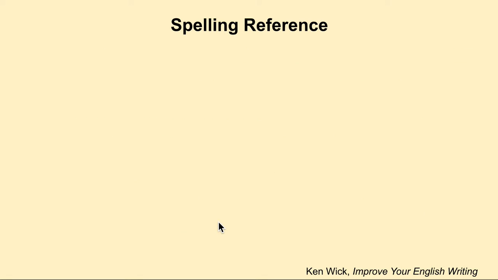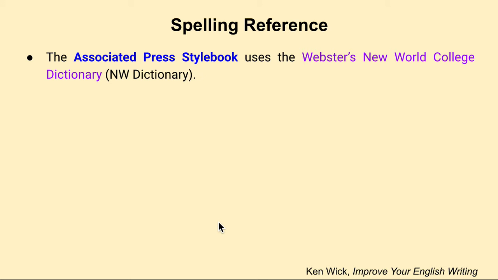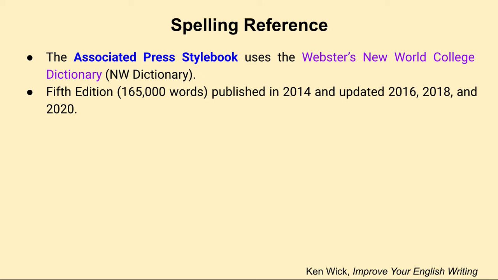So there's one reference left, and that's the Associated Press Stylebook. It actually uses Webster's New World College Dictionary. That will be the abbreviation. And the last published edition of Webster's New World College Dictionary, which contained 165,000 words, was published in 2014, and it was updated in 2016, 18, and 20.